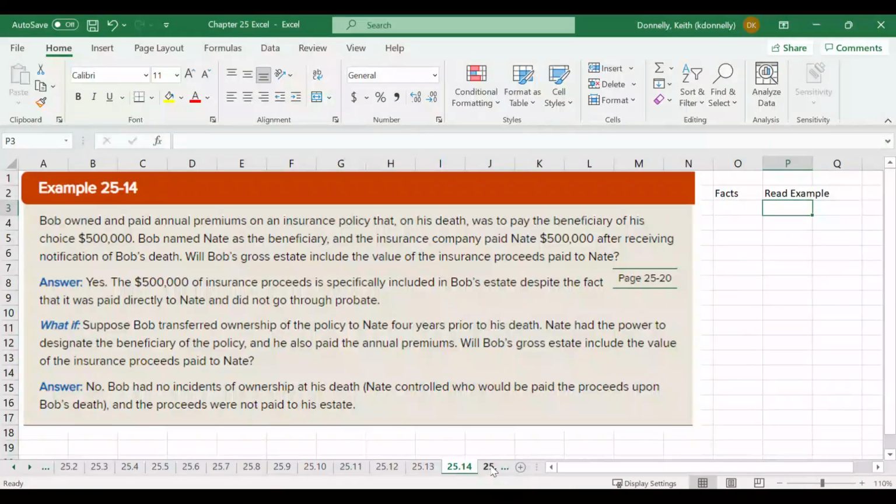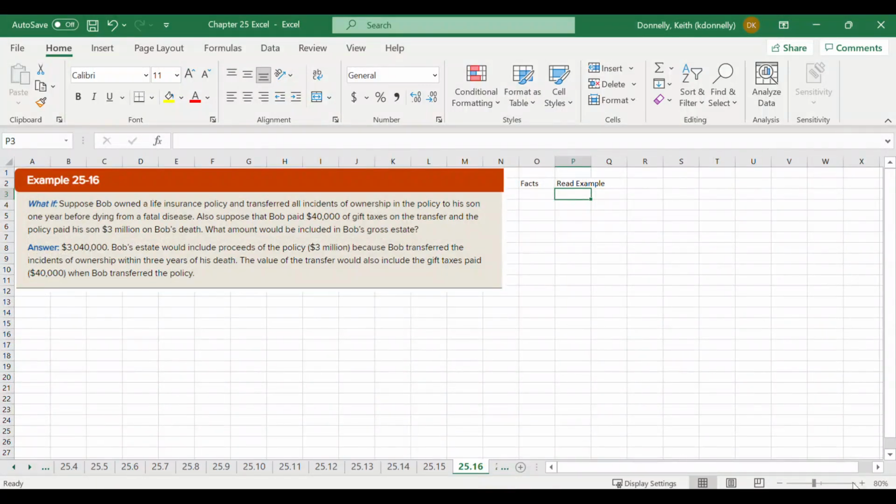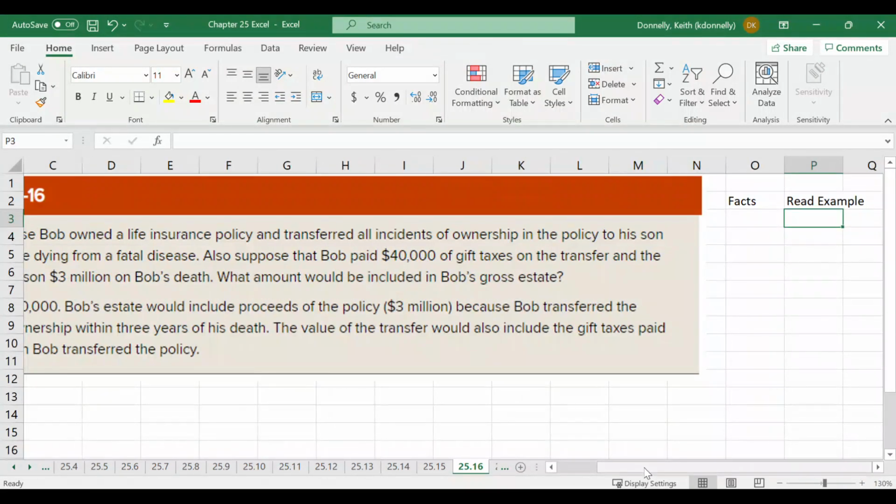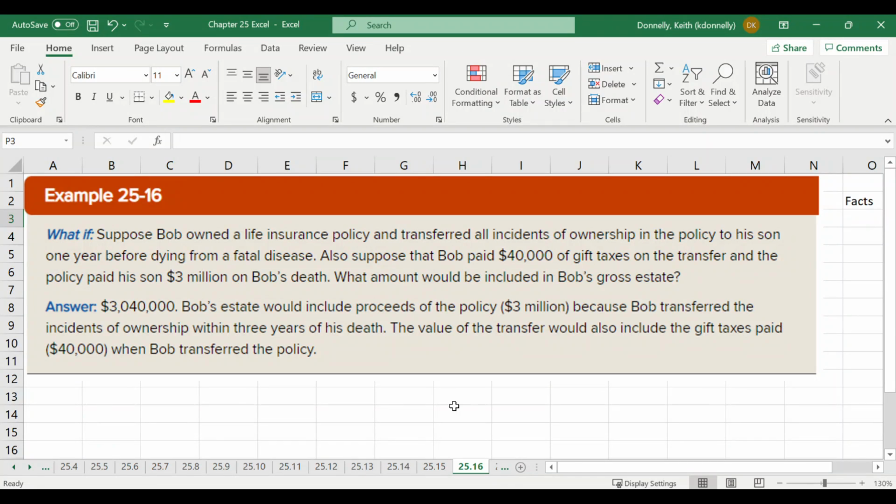So let's look at 2516 here. It says, suppose Bob owned a life insurance policy and he transferred all of the ownership interest to his son 1 year before dying. Suppose your father paid $40,000 of gift taxes on the transfer, and the policy paid his son $3 million at the father's death.